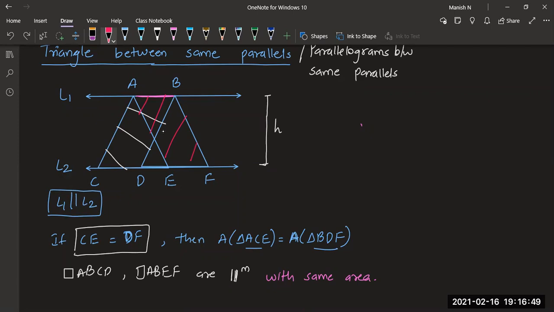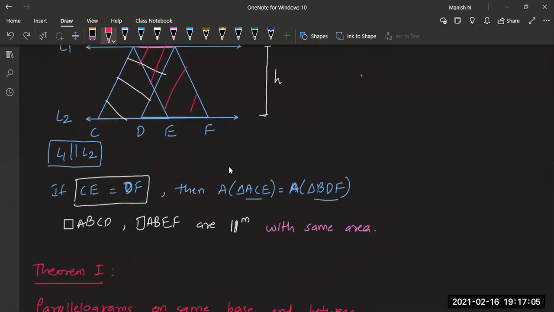If they have the same base and the same height, the areas of the parallelograms are equal. What is the common base? It's AB, as you can see in the shaded region.